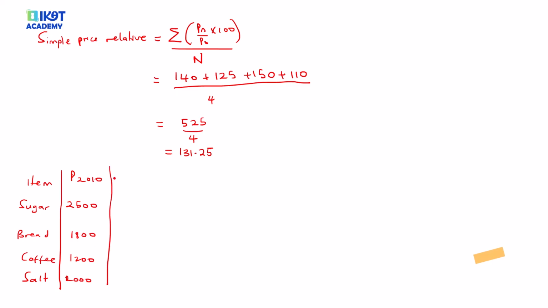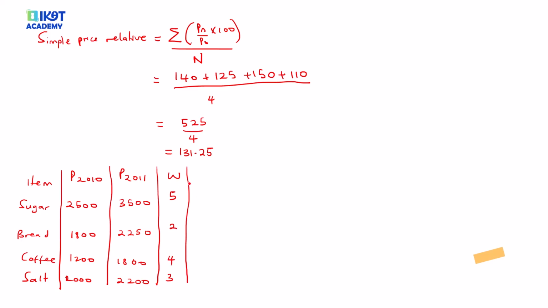Then the price in 2011, 35, 225. So this is an easier way to do it for those questions that you find are very long. In the weights, they gave us the weights as 5, 2, 4, 3.